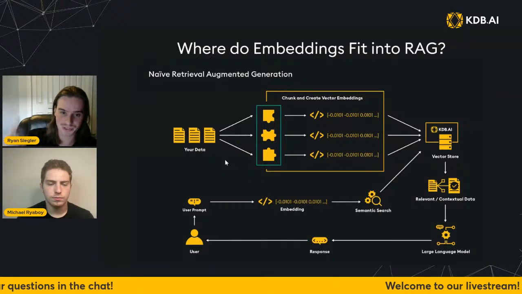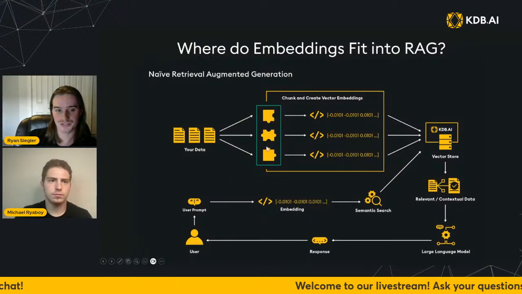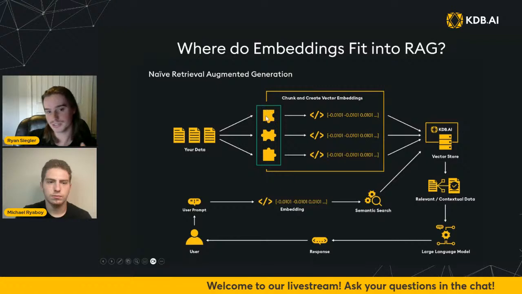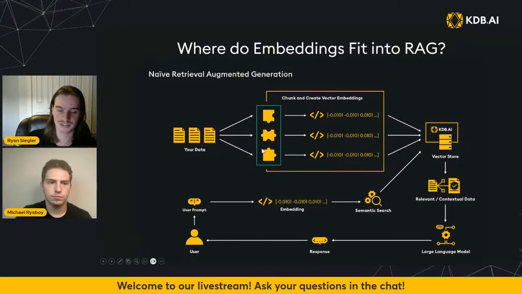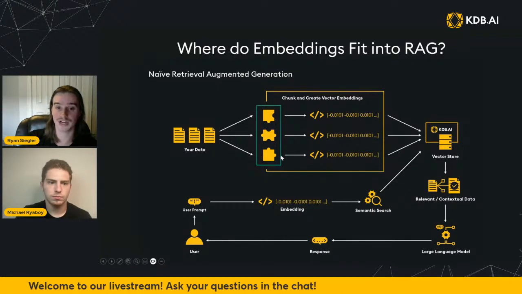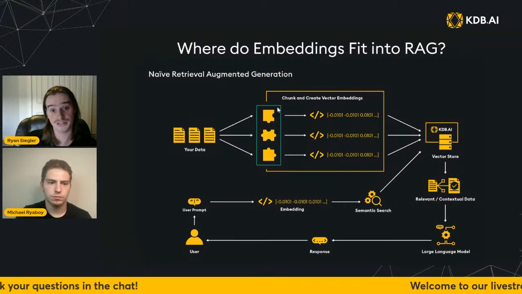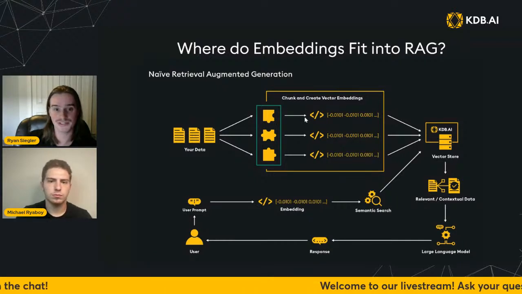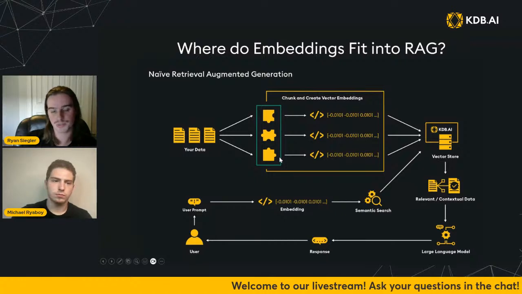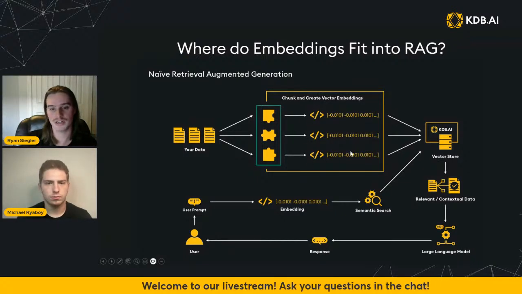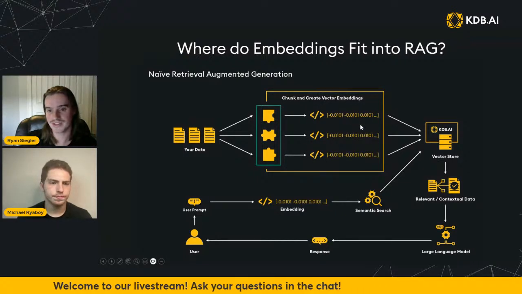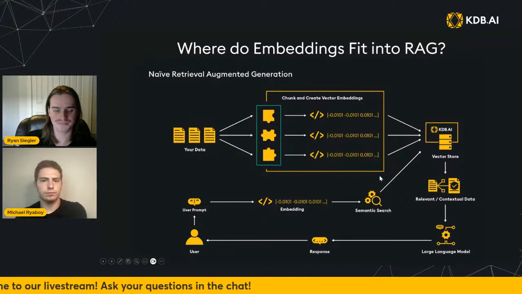So this general process has two steps. Number one, retrieval. To set up your retrieval step, you take your data and chunk it up into smaller pieces. If you're interested in chunking, we have a couple of different live streams on chunking that we've done already. Look at our YouTube channel, KX Systems, to find those. You then run it through that embedding model, which we're going to be talking about today, and store that in your vector store.